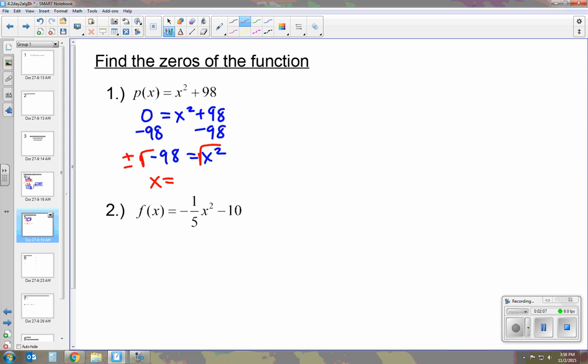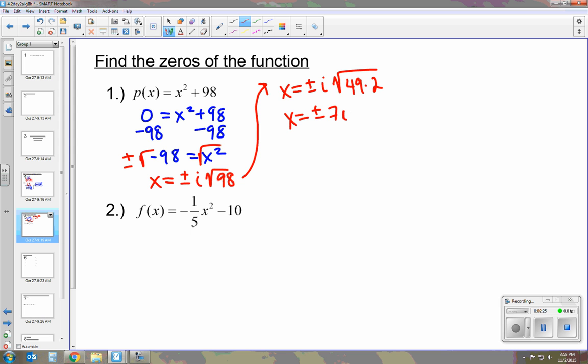So we have x equals plus or minus i square roots of 98, but we have to simplify the square root of 98. So x will equal plus or minus i square roots of 49 times 2. So x will equal plus or minus 7i square roots of 2.